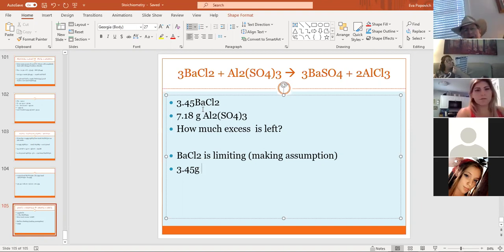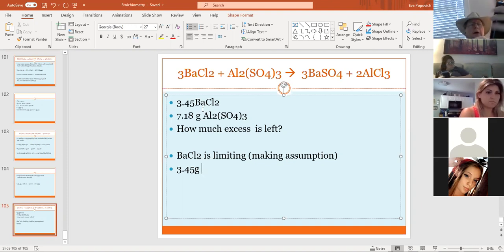The first thing I'm going to do is figure out, if I have 3.45 grams of barium chloride, how much aluminum sulfate I would need.